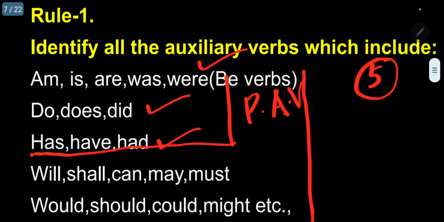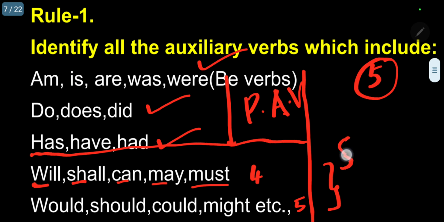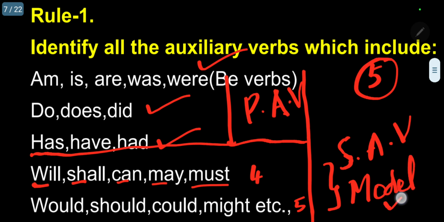The remaining 2: will, shall, can, may, must is the 4th type, and the 5th type is would, should, could, might, etc. So these 2 types, 4th and 5th, we will call secondary auxiliary verbs, or another name, modal verbs.